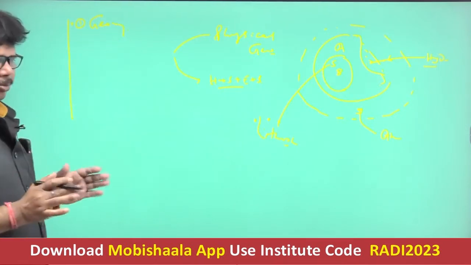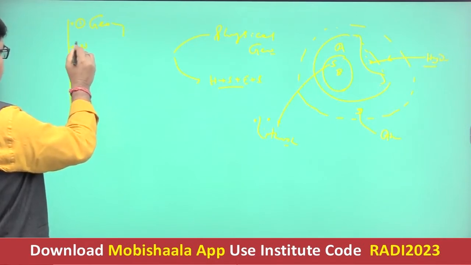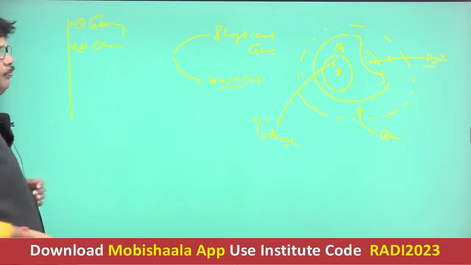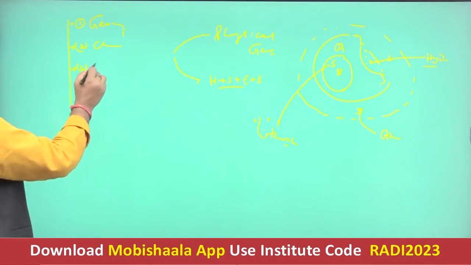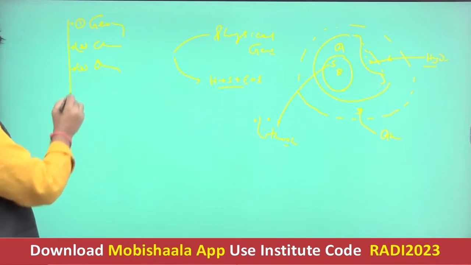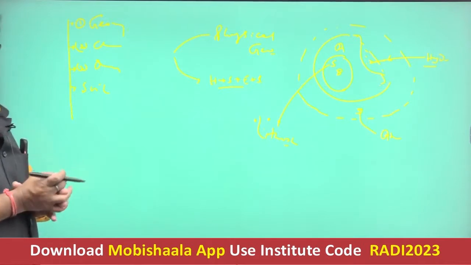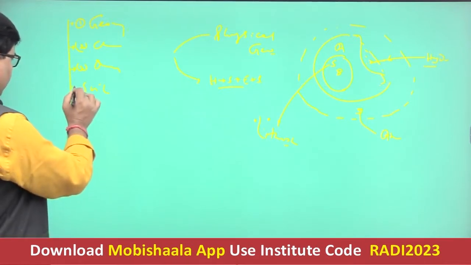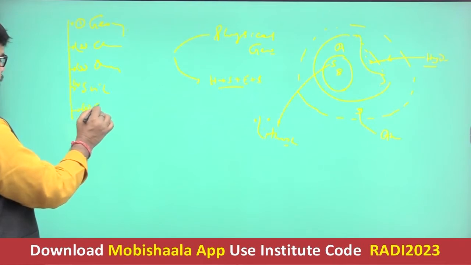Geomorphology is the first topic in paper first. Second is climatology. Third topic is oceanography. Next one is soil, which is also referred to as biogeography. And the fifth one is environmental geography.